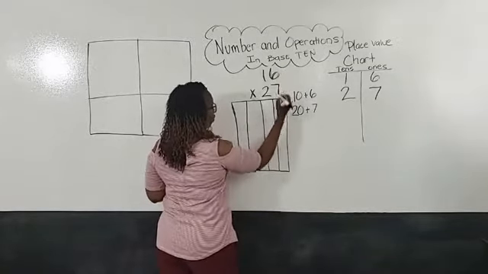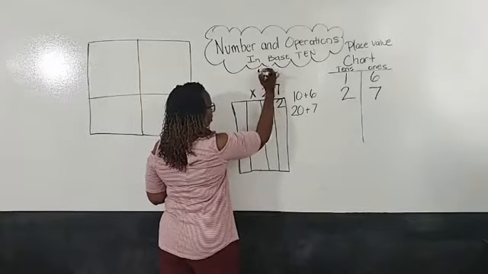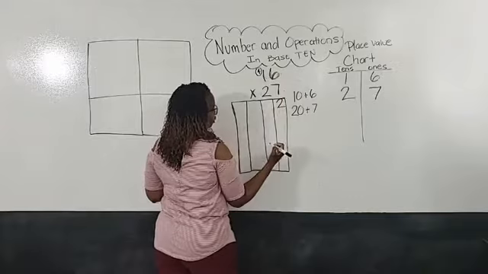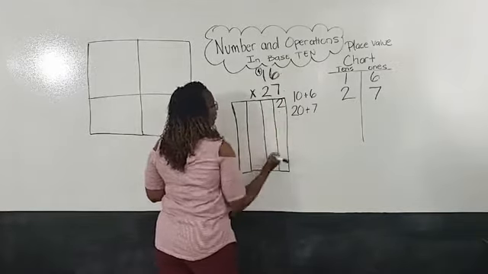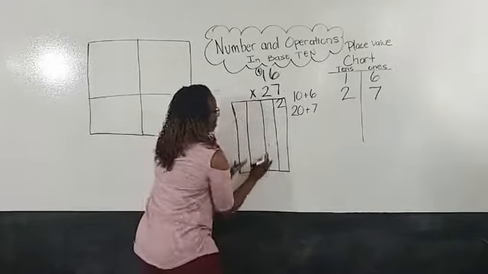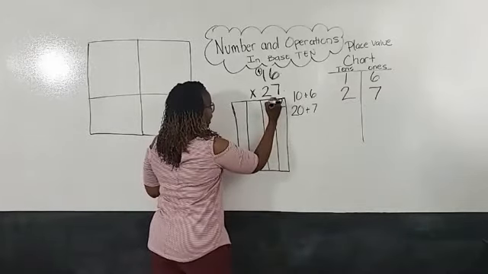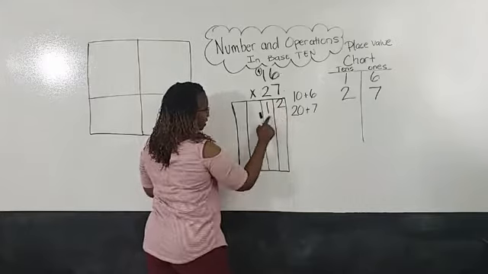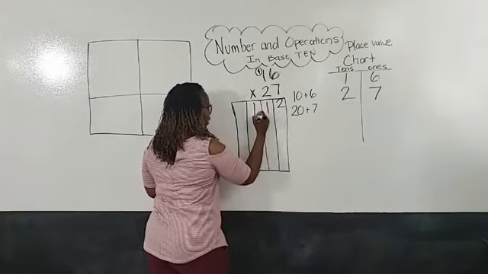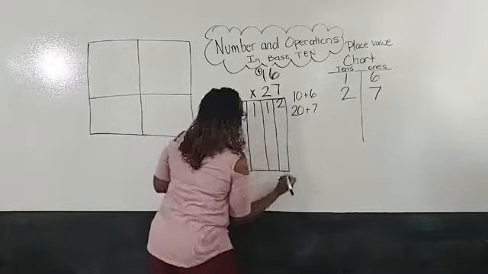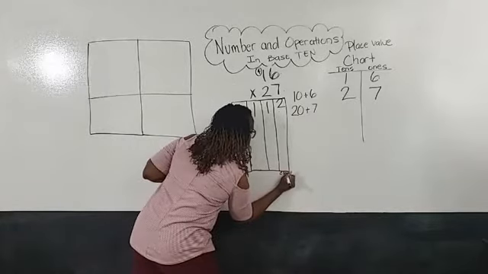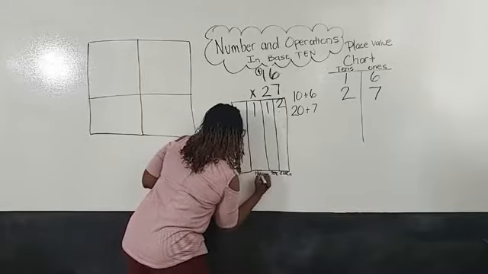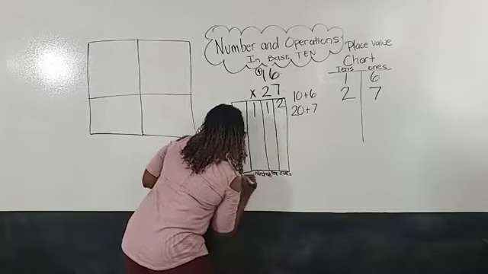So that 2 goes in the ones place, my 4 goes in my tens place, and now I do 7 times 1, which is 7, plus 4, which is 11. Everything has its own place. So now I'm going to do 1 in my tens place and 1 in my hundreds place. So let me go down here and label. This is the ones place, tens place, hundreds place, thousands place.